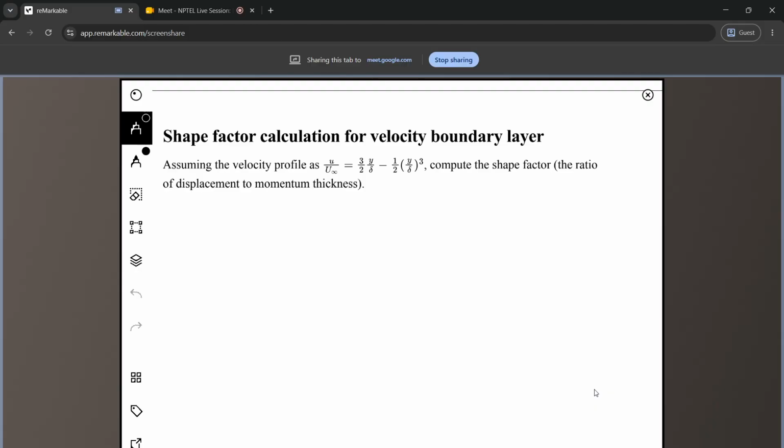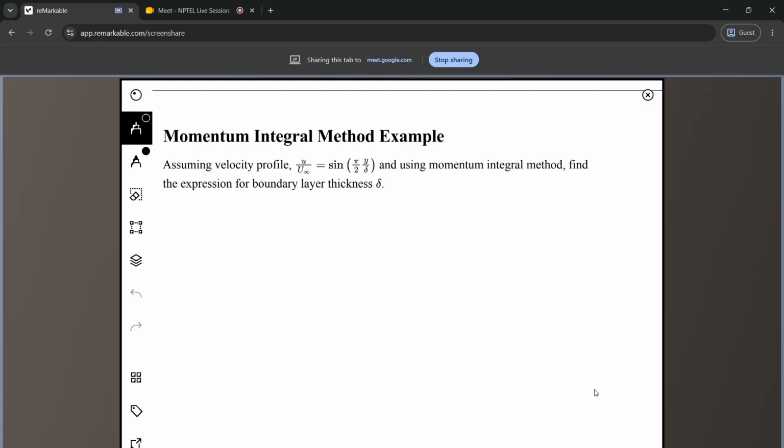So I'm just writing the equations here so it will be easy for you. First, the displacement thickness is given by integral 0 to delta of 1 minus u by u infinity. This is an estimate of the mass deficit. This is displacement thickness. And then we have momentum thickness given by the momentum deficit.